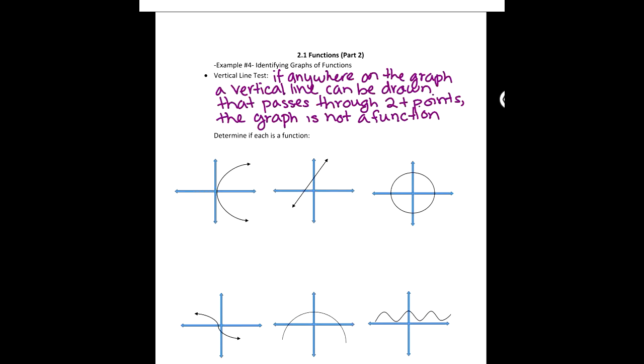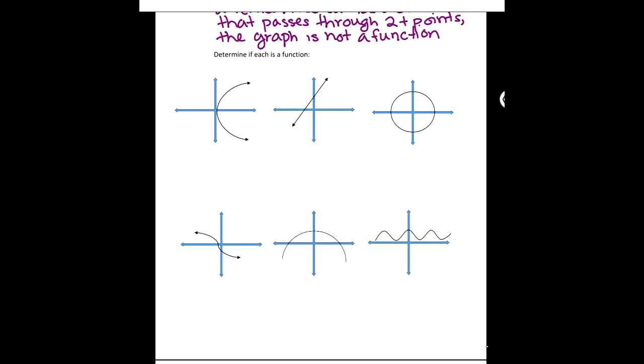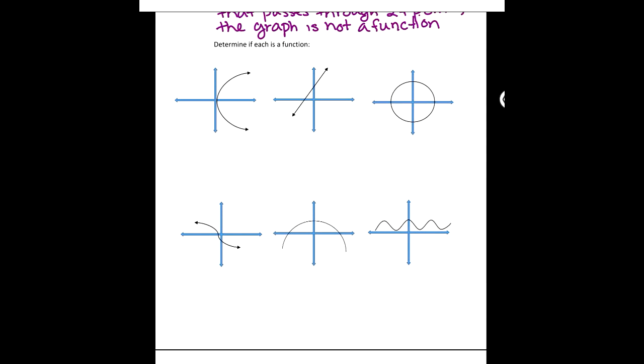So go ahead and sketch these 6 that I have, and we're gonna go through them really fast. Here I can obviously draw a vertical line, and I hit 1 point, 2 points, so it's not a function. Here, no matter where I draw, it's only hitting 1 point, so this is a function.